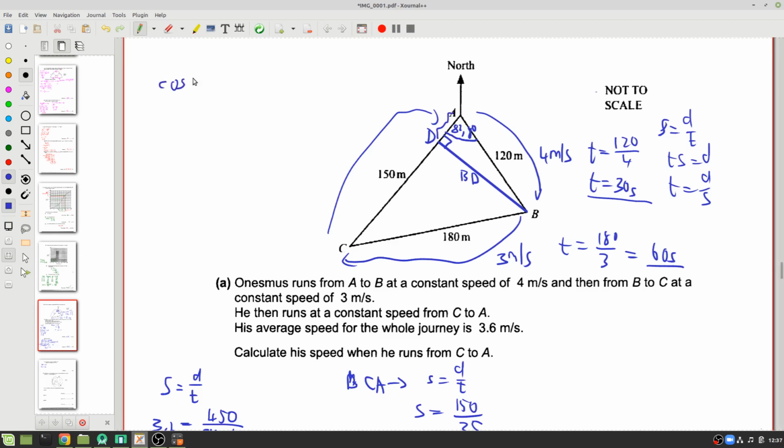So cos of 82.8 is equal to the adjacent over the hypotenuse. Multiply both sides by 120. So we get 120 times the cosine of 82.8 equals the length AD, which is what we want. All right.